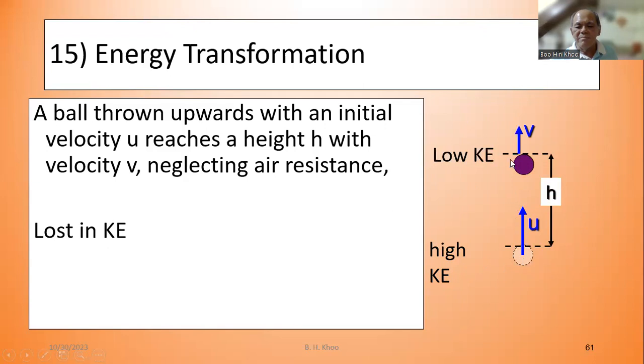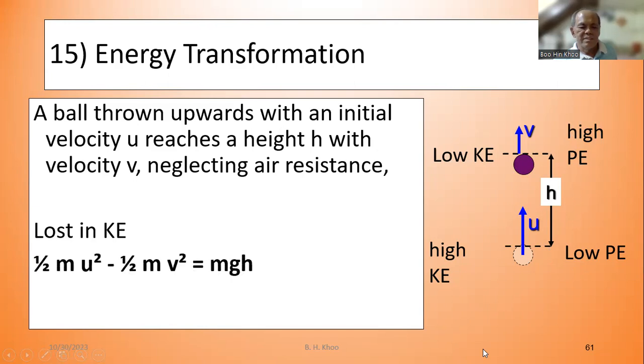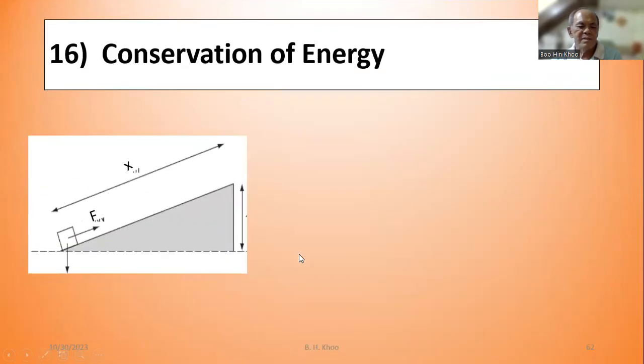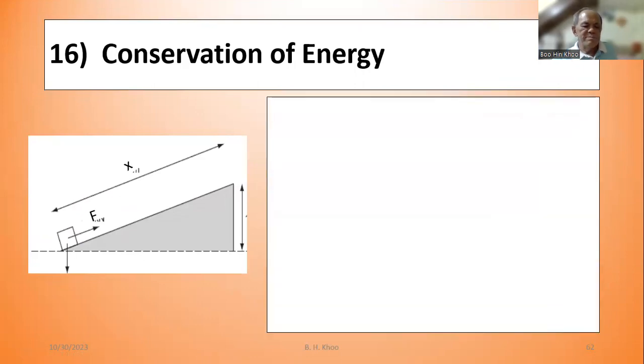As you move up, kinetic energy is transformed to potential energy. That is low potential energy, and there's high potential energy. So there's a gain in potential energy, and there's a loss in kinetic energy. Initially it's larger, minus your final one, which is smaller, that must go to potential energy, gravitational potential energy. Right? Conversion of energy.